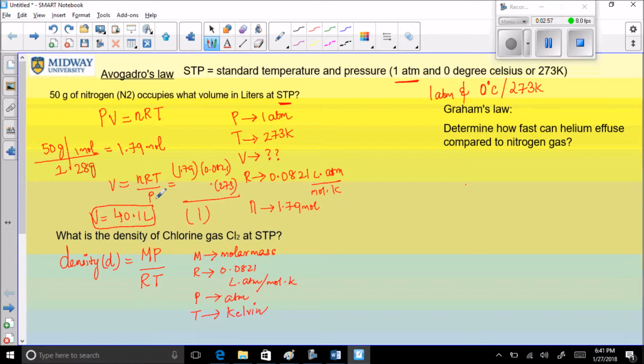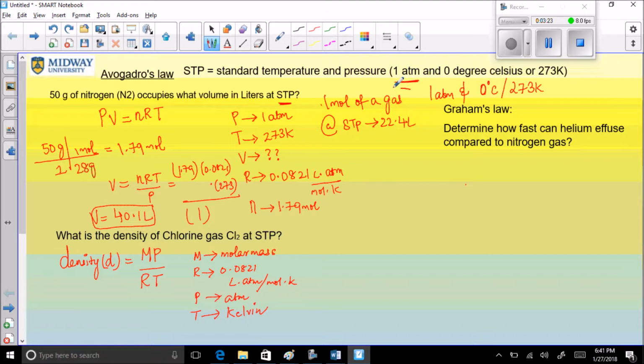And that's how you deal with Avogadro's law, because 1 mole of any gas occupies a fixed volume. Another piece of information I'd like to give you is that 1 mole of a gas at STP equals 22.4 liters. This is a constant.